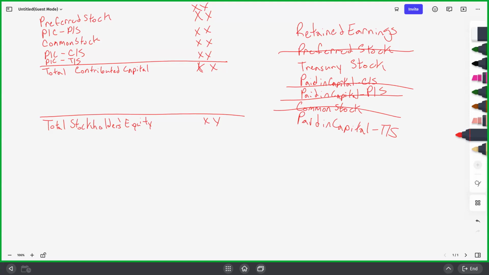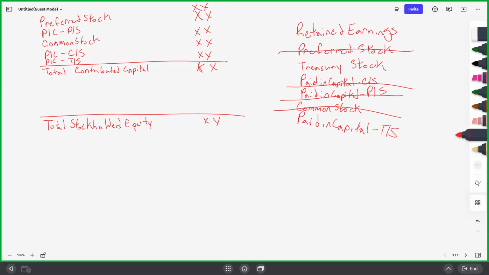So, is the PIC account for treasury stock always going to be positive or negative? It'd be positive. None of you guys will need to know this unless you're going to intermediate 2 for accounting. So just know that it's always going to be positive.